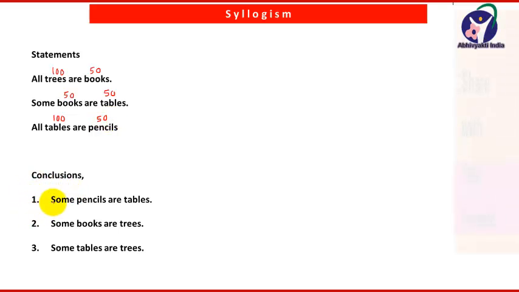Now see the first conclusion, some pencils are tables. So subject is pencil and predicate is table, and in the third statement you see that there is a table and there is a pencil, both are correlated. So we can come to this conclusion through statement number 3 only.